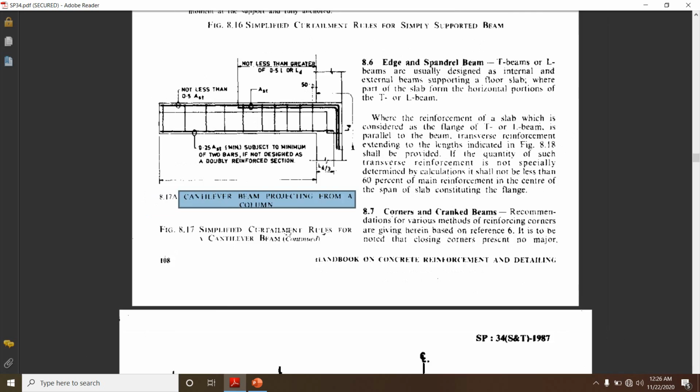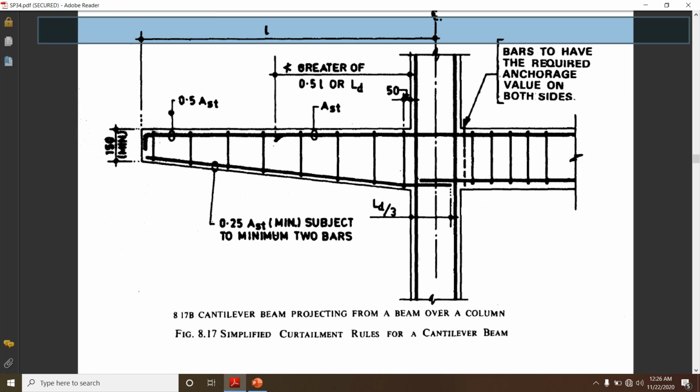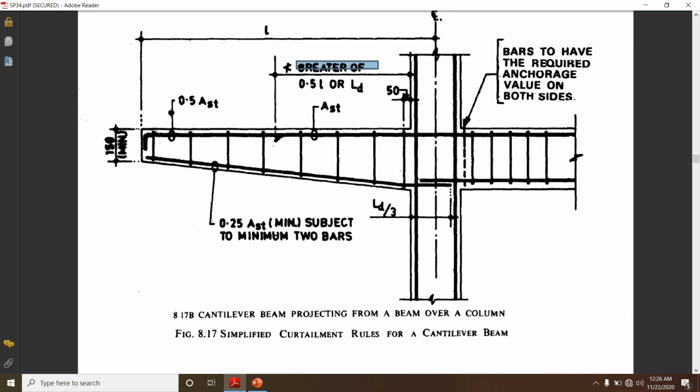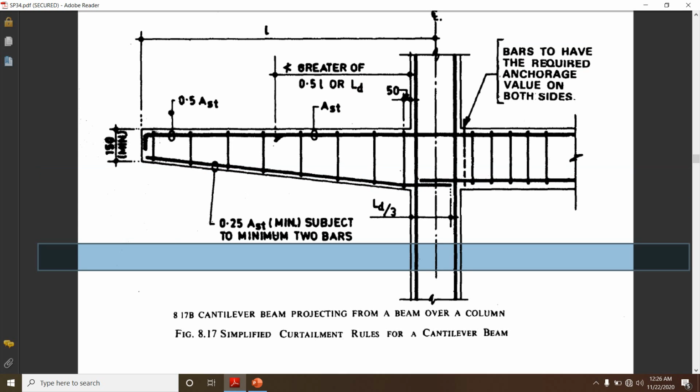If the cantilever beam is projecting from a beam, then we can do the detailing somewhat in this way. It is almost similar: Ast 100 percentage of the steel has to be provided up to a distance that is the greater of 0.5 times of L, where L is the span, and the development length, Ld. Previously we had a column and a beam, but here the cantilever beam is projecting from a beam.